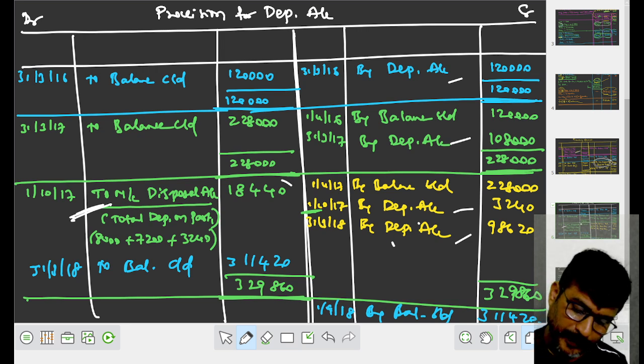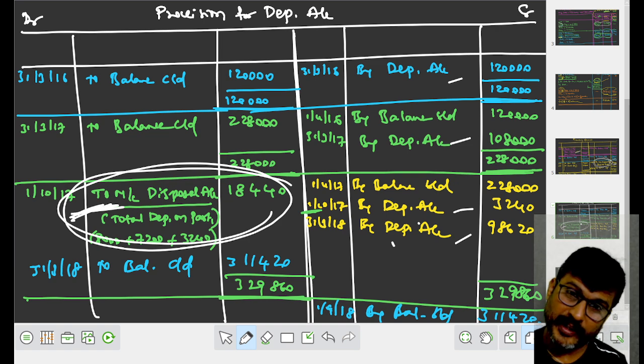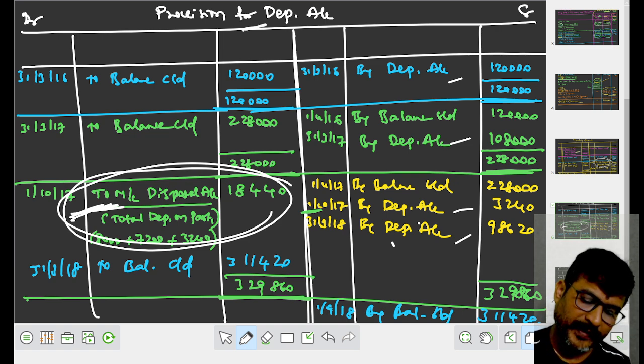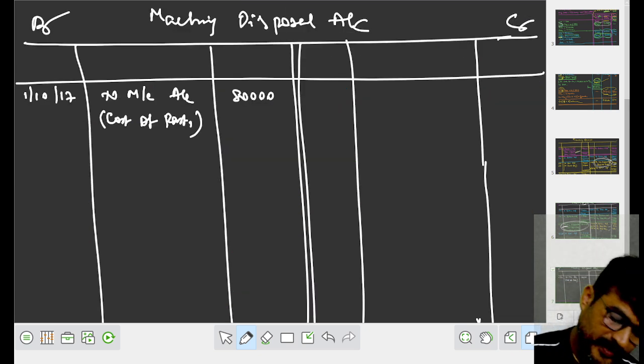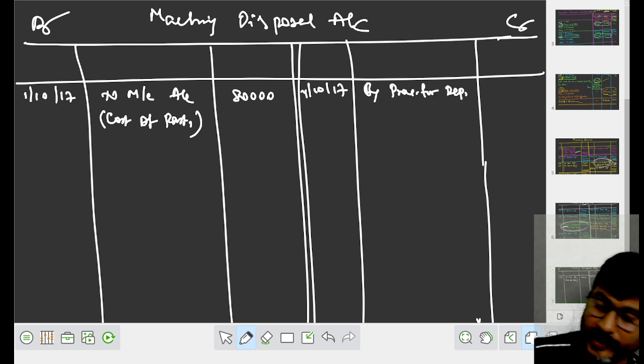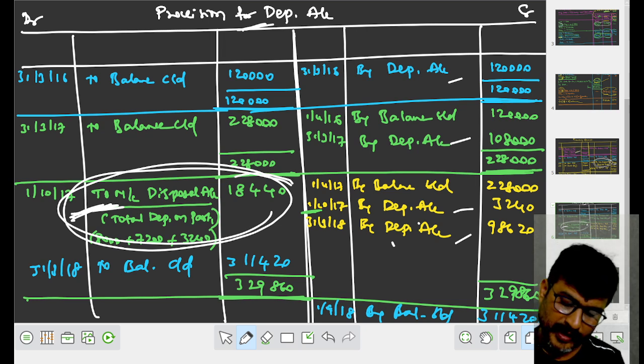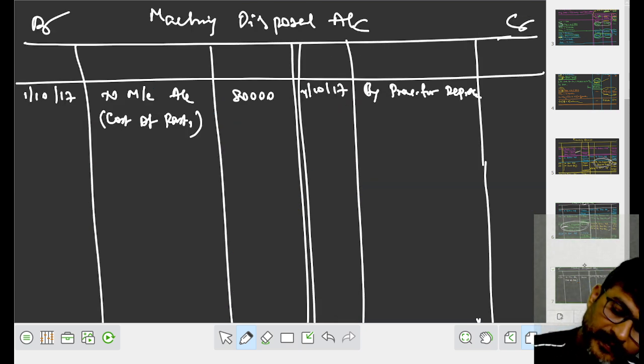Then what is the total depreciation? You have written to machinery disposal, right? In machinery disposal, we have to write by provision for depreciation on the same date, October 17. By provision for depreciation account, that depreciation is 18,440.